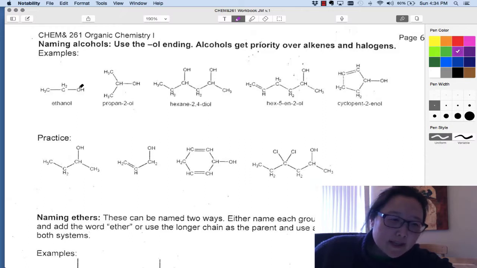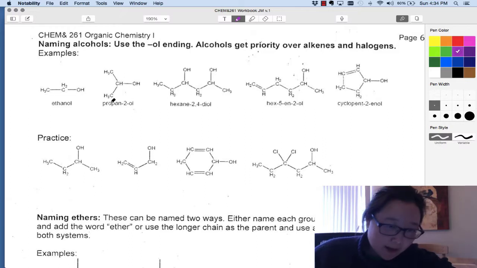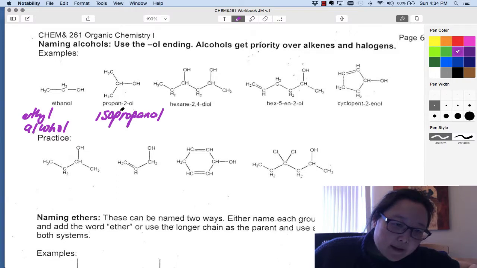So you don't have to say ethan-1-ol, you just say ethanol, or ethyl alcohol is a common name for that. Propan-2-ol, 1, 2, 3. 2 is where the alcohol group, or hydroxyl group as the proper term, is. And notice it's an isopropyl pattern, but with an OH here. So this is called isopropanol, or isopropyl alcohol is another way of doing that.